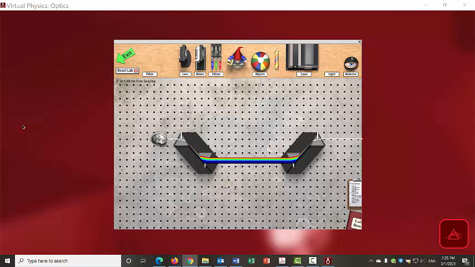So what does the experiment prove about the components of white light? So this experiment proved that white light is made of different wavelengths of light. Different colors of light are dispersed when passing through the prism.